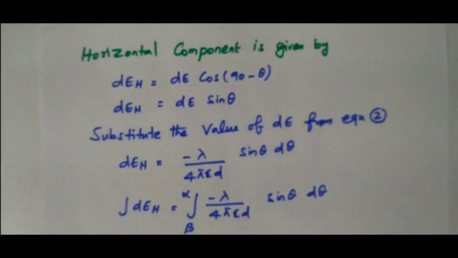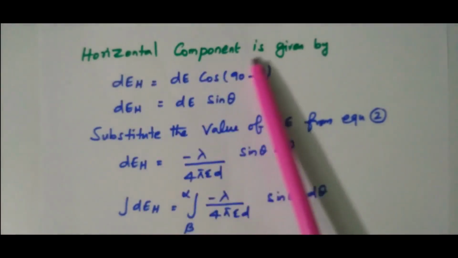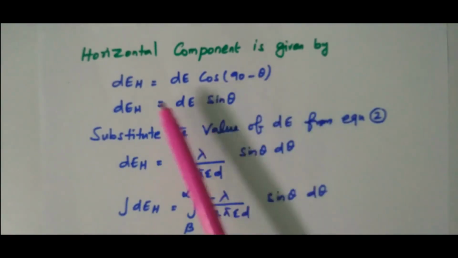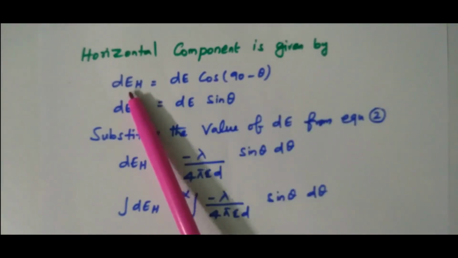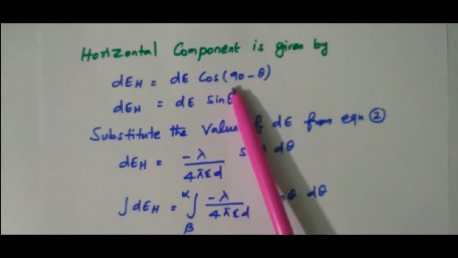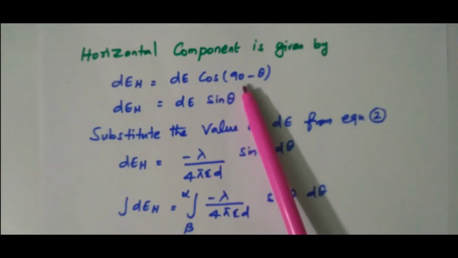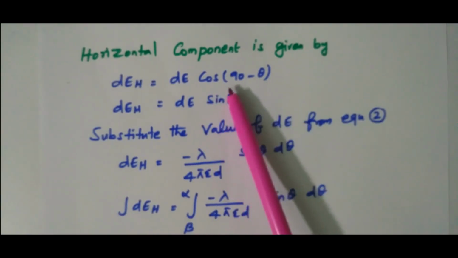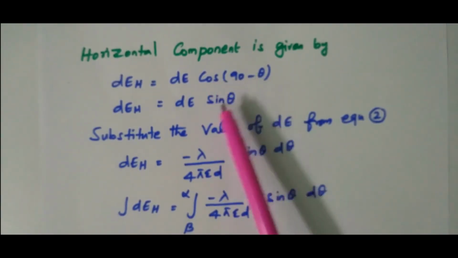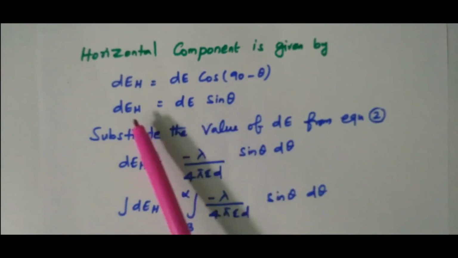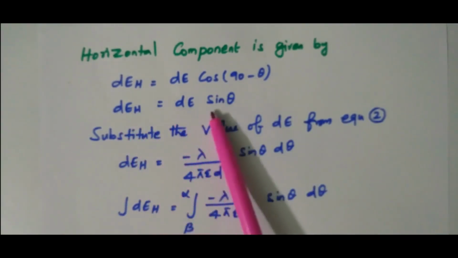We already discussed we have a horizontal component and a vertical component. First we will find the horizontal component. Horizontal component equal to total component multiplied by cos 90 minus theta. From the triangle we already got this expression. Cos 90 minus theta is nothing but sin theta. So dEh equal to dE sin theta.